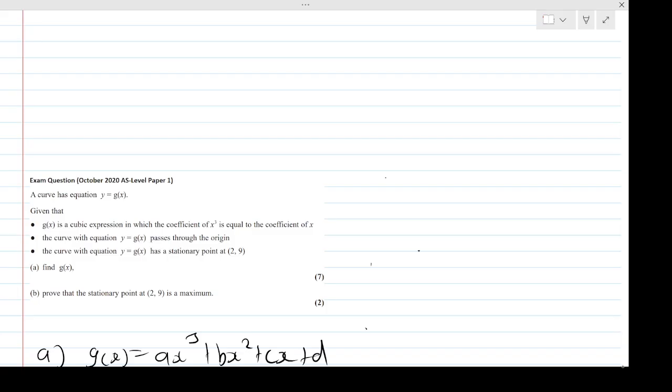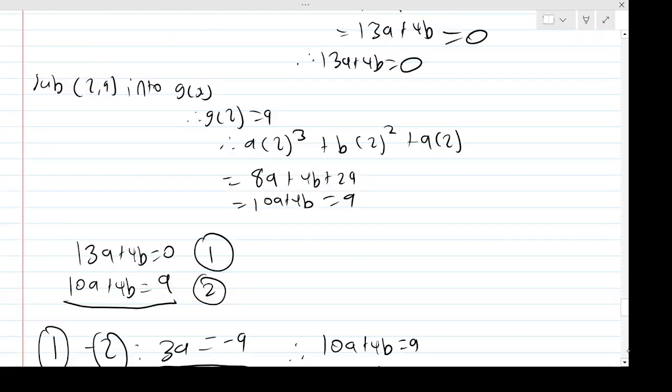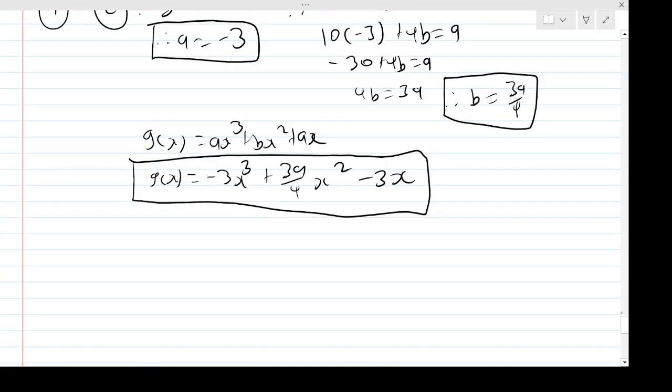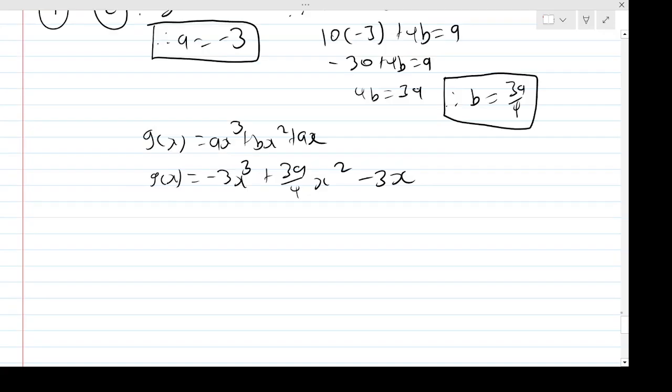Now we need to prove that the stationary point is a maximum. So obviously we're told (2, 9) is a stationary point. What we need to prove is that it's a maximum. So how are we going to do that? Well, we can consider the second derivative. If we differentiate g of x, we get g dash of x.